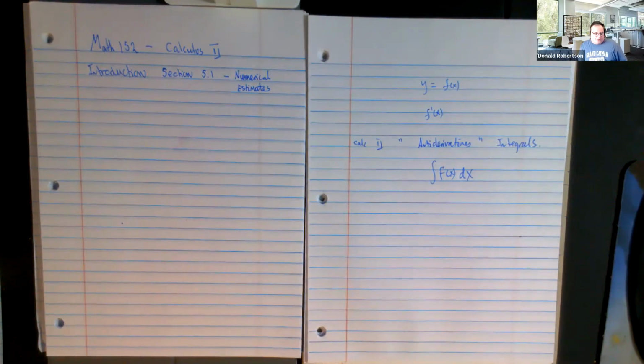And then after we know or find out how to find these integrals, the second part of Calc 2 is, well, what can you do with them? And the answer is quite a lot.